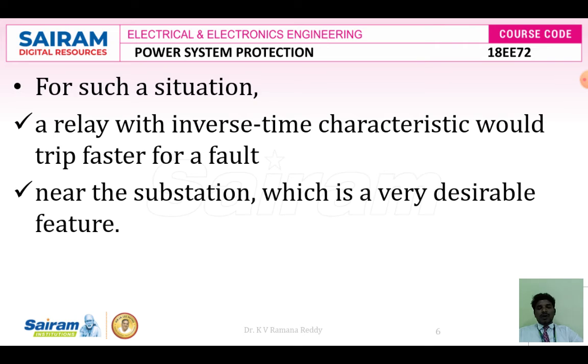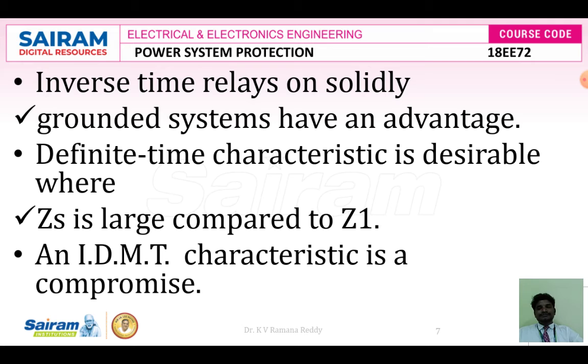In order to avoid that kind of difficulty, instead of using that time characteristic, we can use the inverse time characteristic, and trip the circuit breaker independent of time. As far as possible, we isolate the faulty section of the system from the healthy section when the fault lies very near to the substation, which is a very desirable feature.